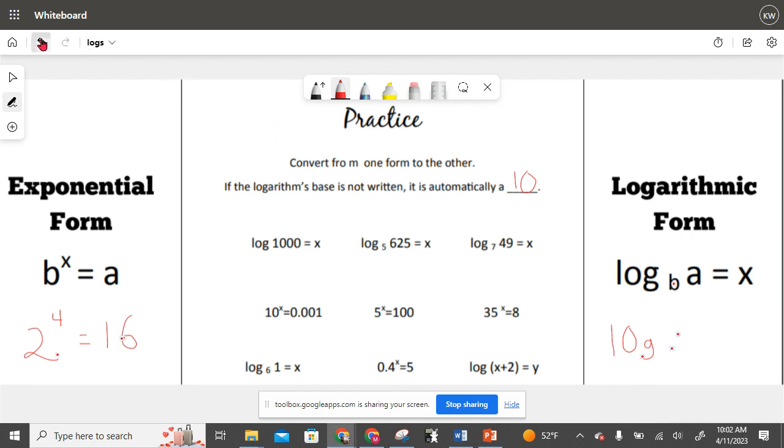Actually, let me spell log in a less annoying way. All right, log of 2. And then whatever our answer is for this exponential form, we put that as the larger number next to our log. And then it equals the actual power that we have. So our power for this is 4.